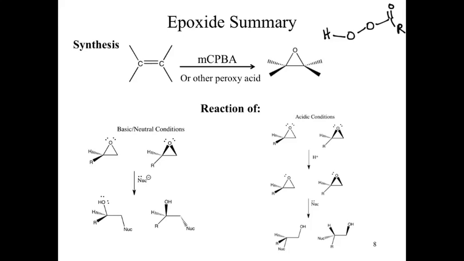Once we have the epoxide, we can react it under two specific conditions: either basic conditions, and we end up putting our nucleophile on our least substituted position, or acidic conditions, and we end up putting that nucleophile on our most substituted position.